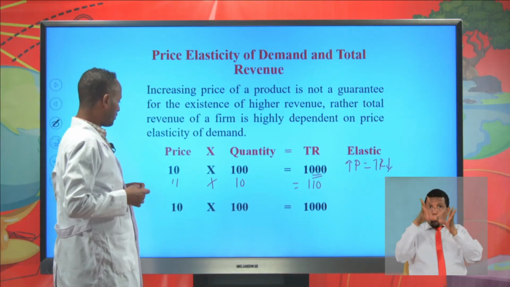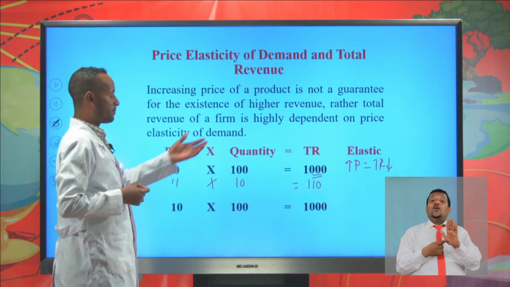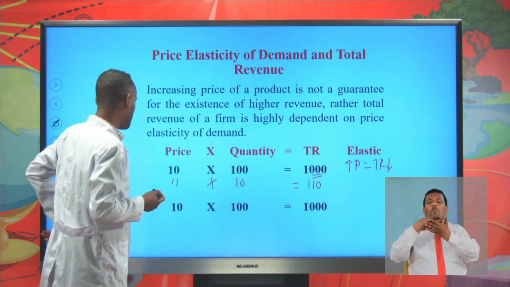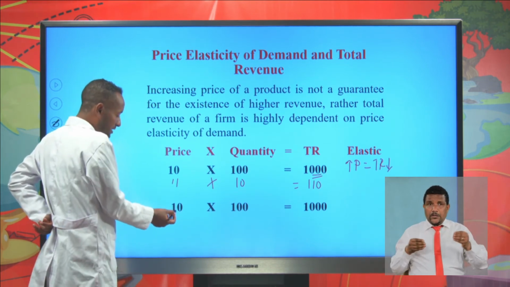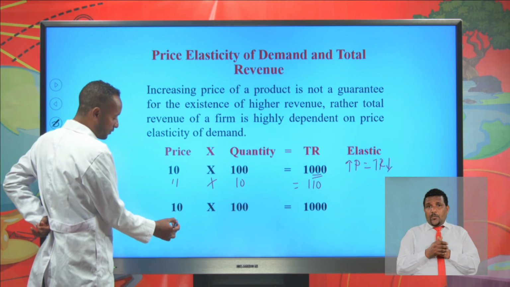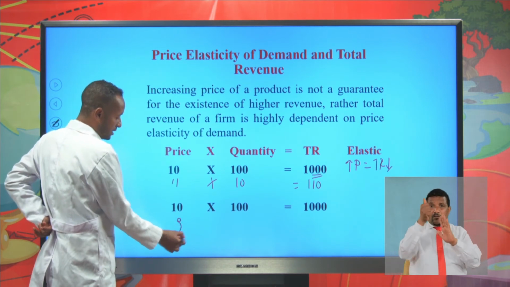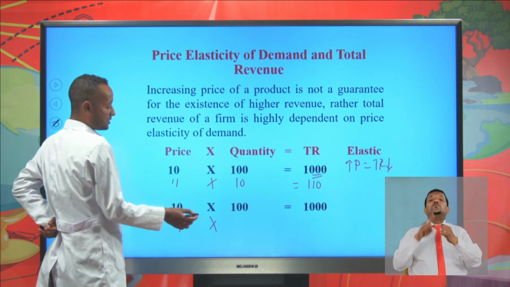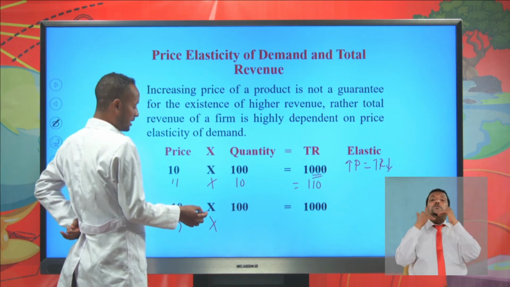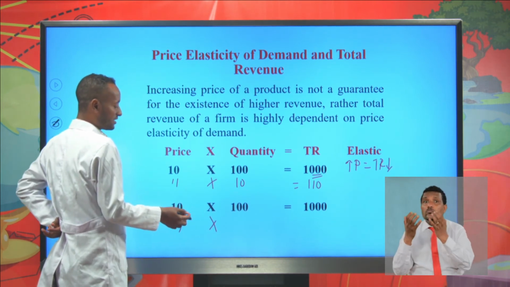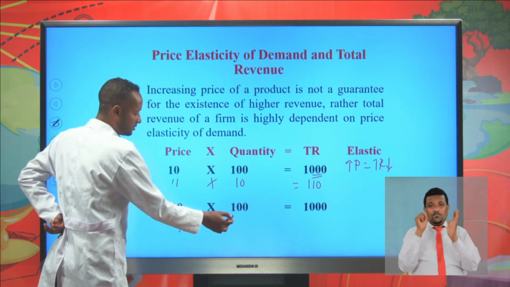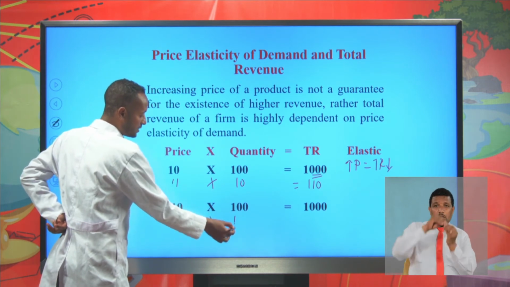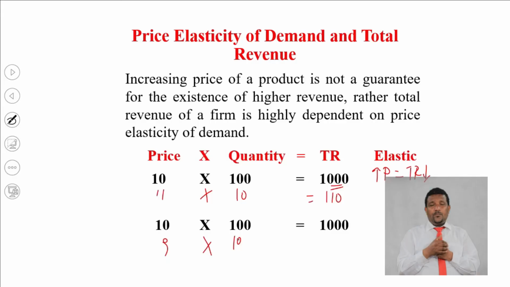Now let me show you when there is a fall in price if the buyer is elastic. If the buyer is elastic, there is a little decrement in price. The price decreased from 10 to 9. As a result, the quantity demanded increases by a higher percentage. Let's say the quantity increased 10 times and reached 1000.